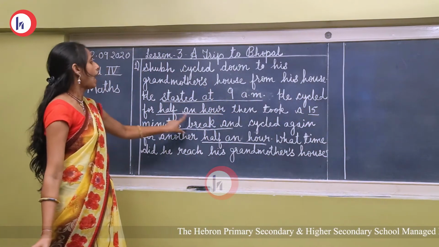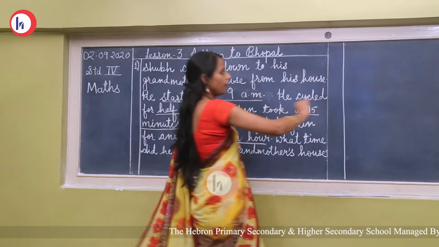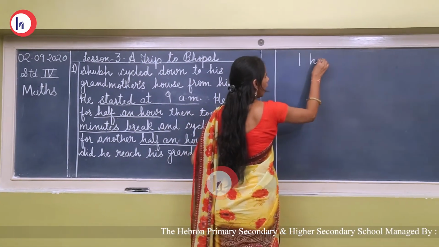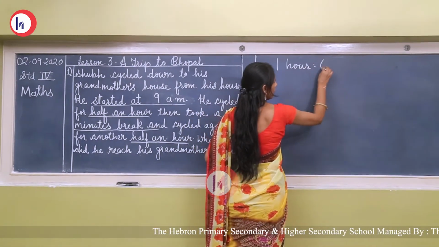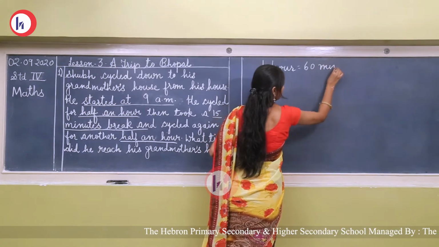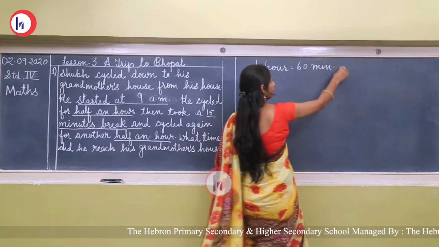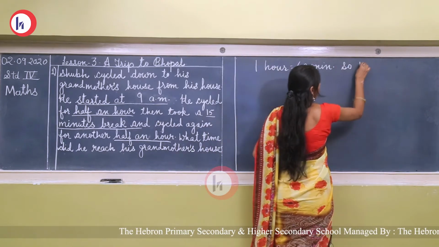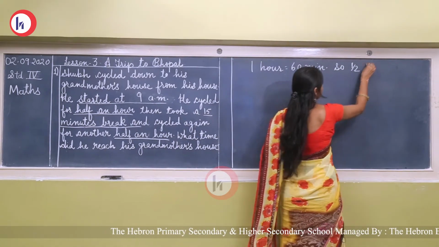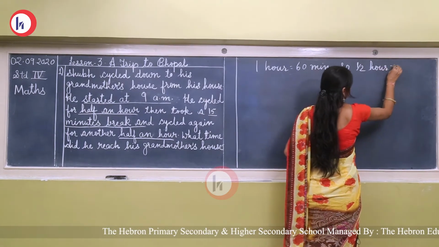He cycled for half an hour, so here we have to know 1 hour is equal to 60 minutes. So half an hour is equal to 30 minutes.